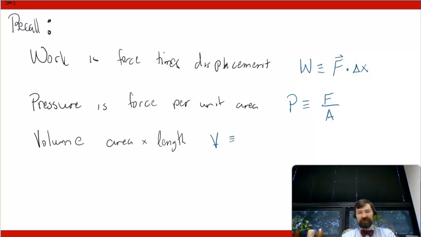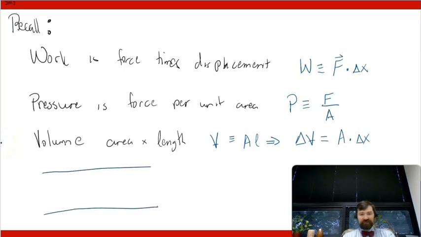So volume might be area times length, or alternatively, if I have an object whose volume changes, then that change in volume, delta V, might be an area times a delta X. The diagram that goes with that is, imagine that I have a cylinder, and in the cylinder there's a piston, and the piston is going to be pushed from one point to another, like this.